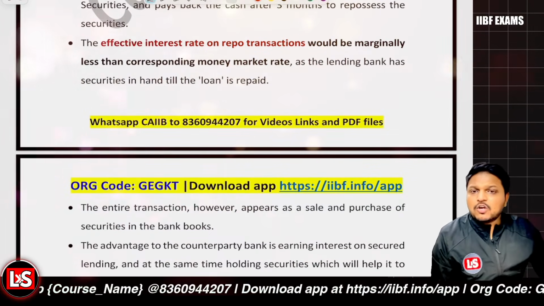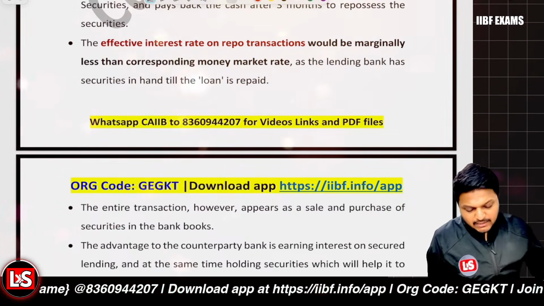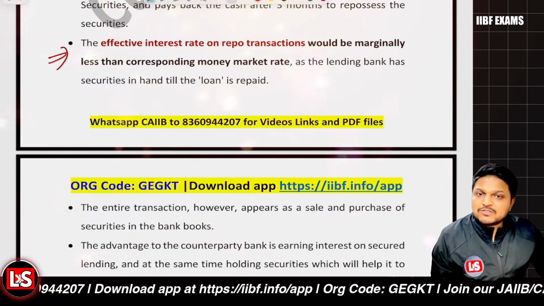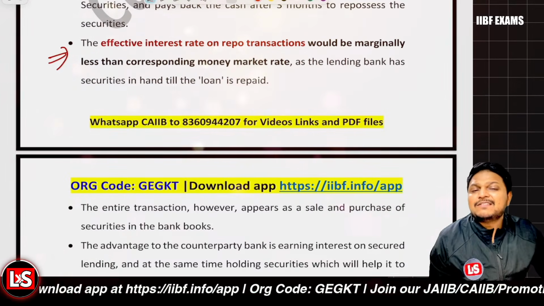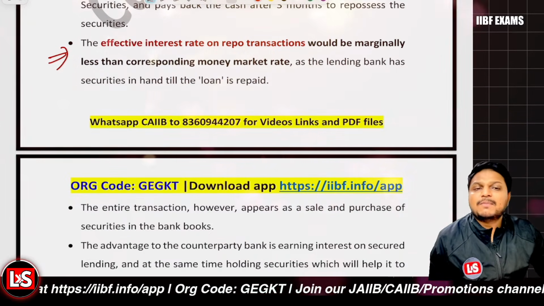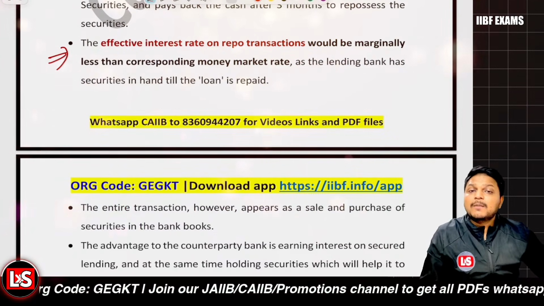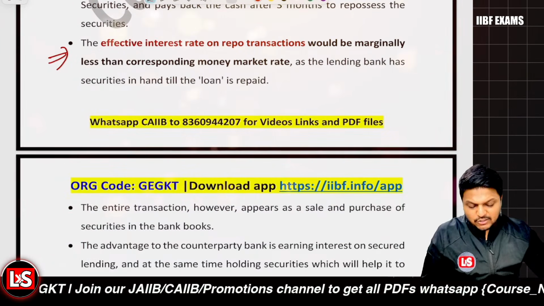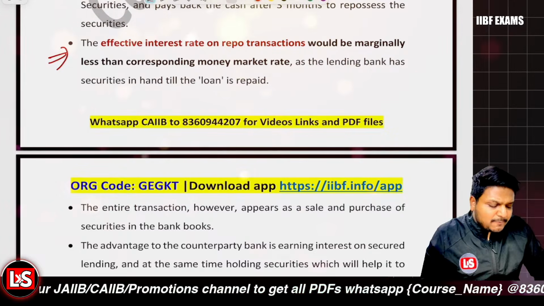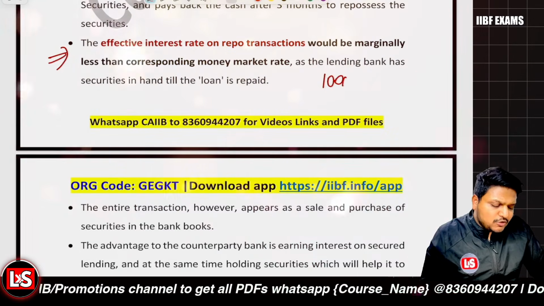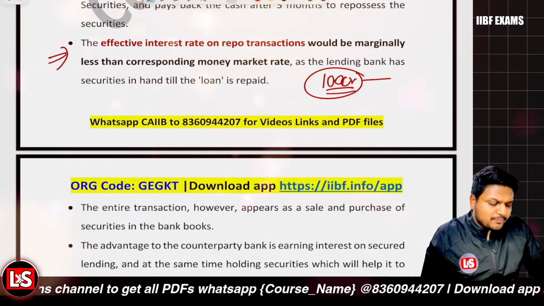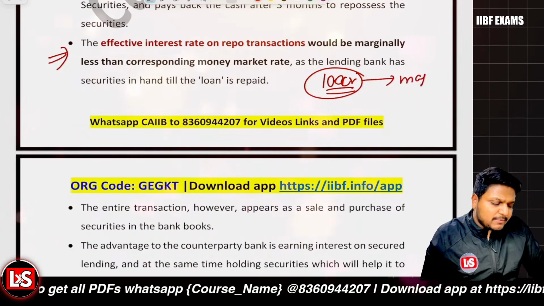And if we talk about the interest rate, the repo rate is slightly lower than the unsecured money market rates. Why is it lower? Because it's a secure transaction. And it's not the case that if you place 100 crores of securities, you'll get 100 crore rupees of loan. No, there is a margin which is applicable.